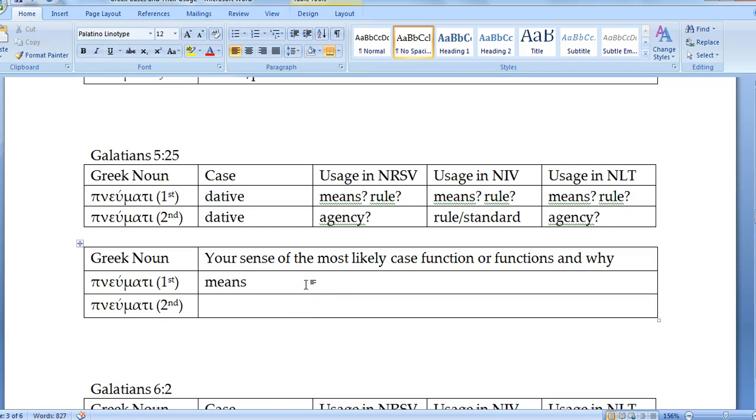It does seem from the larger usage of spirit and life or living in Galatians that we would resolve the first use, living, in terms of the Spirit as the instrument by means of which we have come to a new life before God. The second one is less clear. We really could understand this either way.